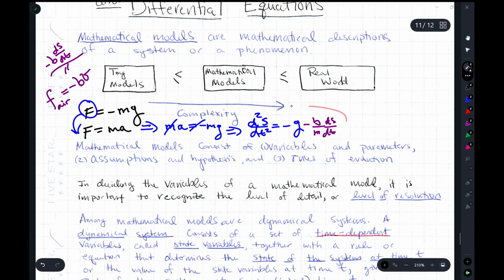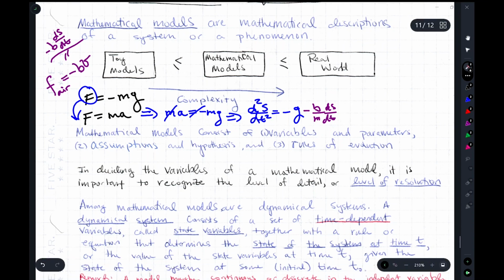For example, if we consider an object moving under gravity and air resistance, one parameter would be g, the acceleration due to gravity. Another parameter would be b, the coefficient that quantifies how the air resistance relates to the speed of an object moving in the air, m, the mass of an object that's moving in the air.